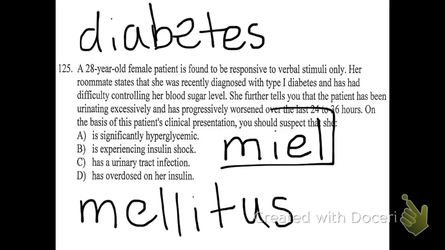Yeah, so this little part has the same root as this, mel and miel, right? The way people used to diagnose diabetes is because their pee was sweet. It's literally talking about sweetness in the actual scientific name, because they didn't have fancy ways of checking the blood. But what they could tell is that all this extra glucose was coming out in the pee, and so it's diabetes mellitus. It's talking about the extra sugar.